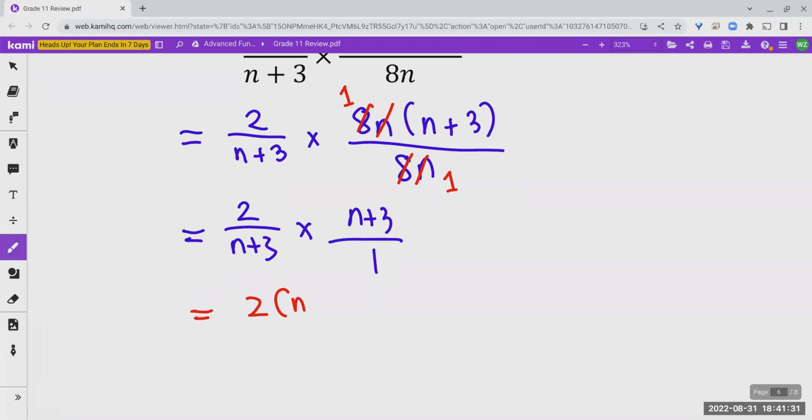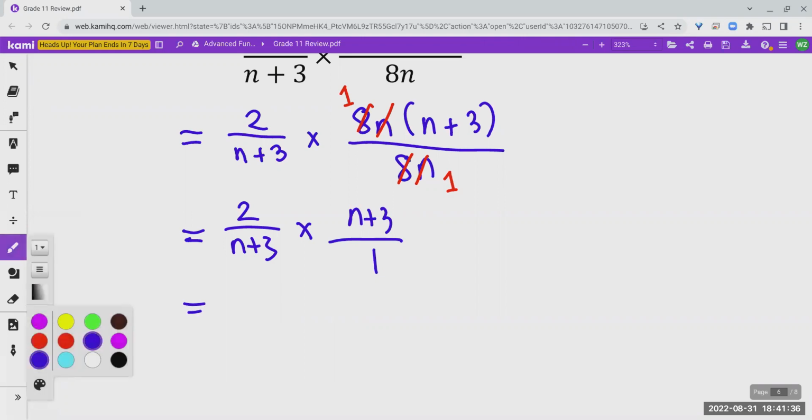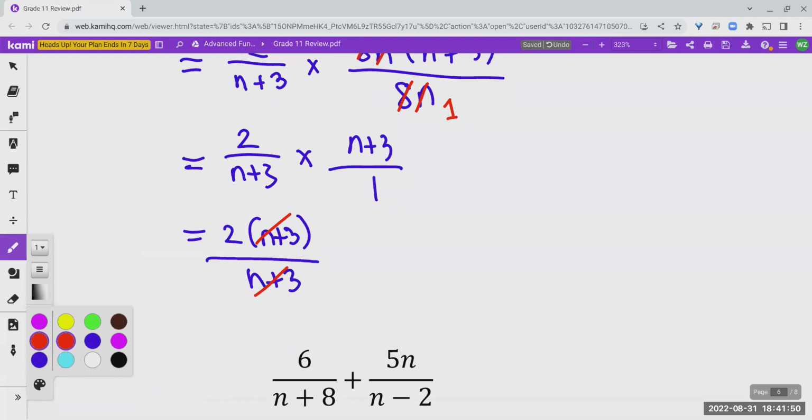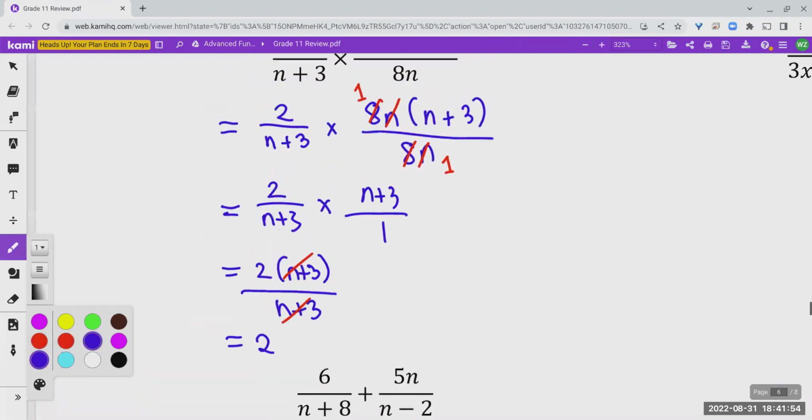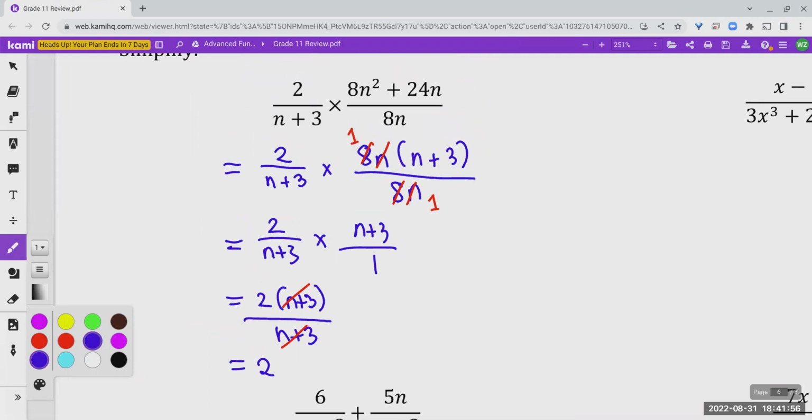So you have 2 times n plus 3 over n plus 3. Aha! n plus 3 can then go. Because again, the n plus 3 is multiplied to the 2 and then immediately divided by n plus 3. So the answer is just 2. Okay, so be very careful when you cancel.